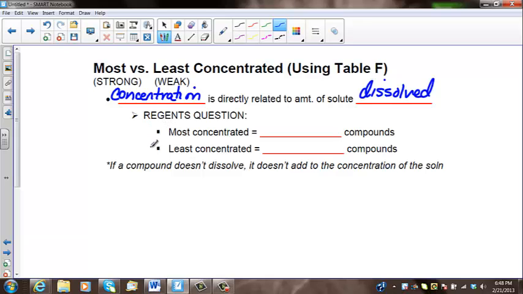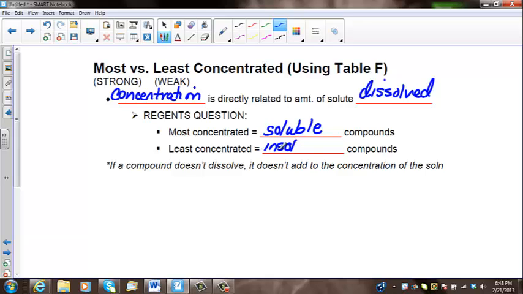So on a Regents question, they might say most concentrated. So we're talking about a soluble compound in this case, if we're talking about Table F, and least concentrated, we would be talking about an insoluble compound.